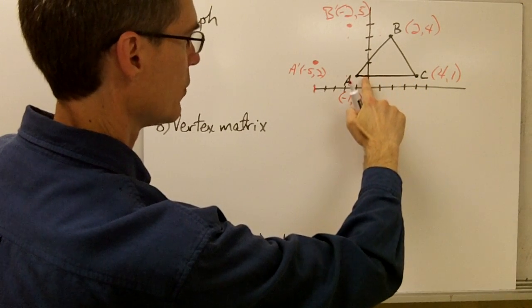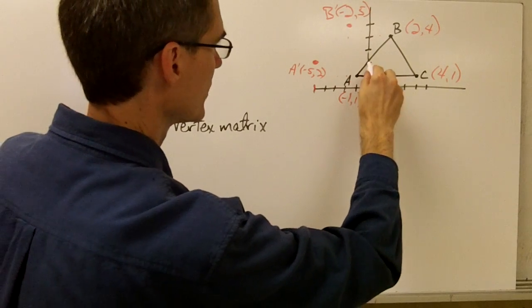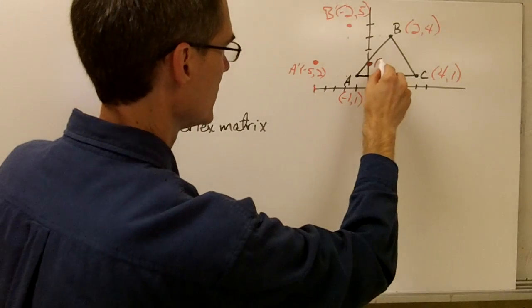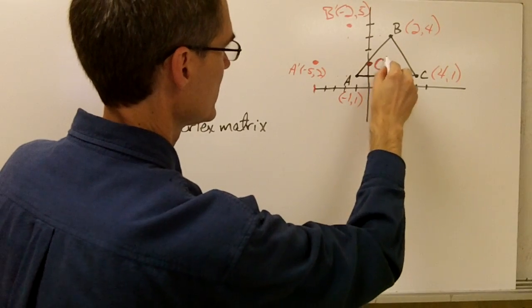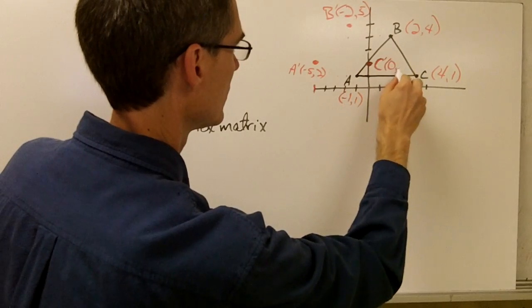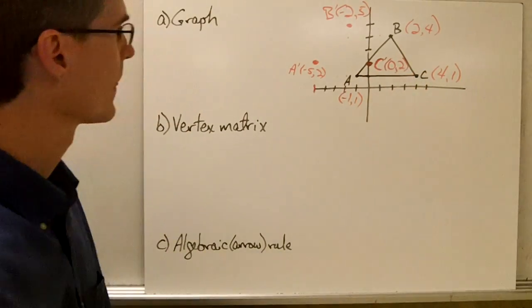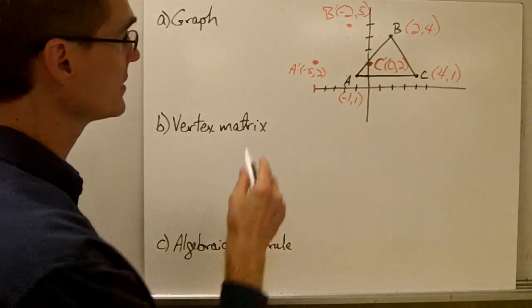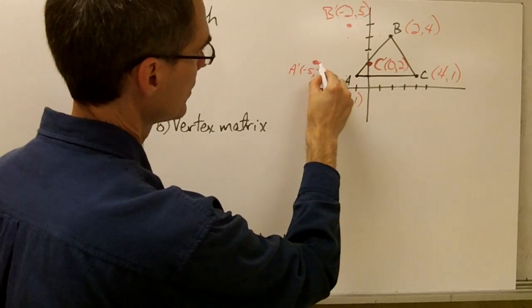It's going to move it over here to the y-axis. Up 1 is going to put it right here at the point, this is going to be C prime, and that's going to be the point 0, 2. So now I have my 3 translated vertices. Let me just connect these up.